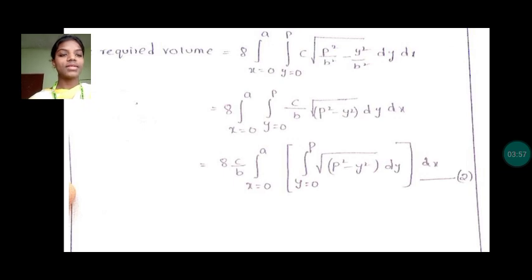Then we can write it as 8 ∫ x=0 to a ∫ y=0 to p (c/b)√(p² − y²) dy dx. Here c/b is constant, so keep it aside: 8c/b ∫ x=0 to a ∫ y=0 to p √(p² − y²) dy, where with respect to y we keep x as constant.